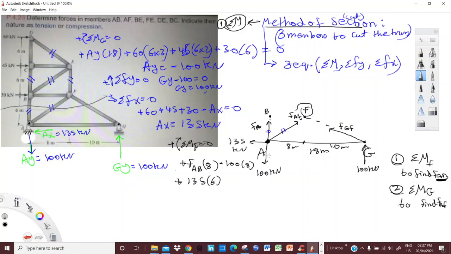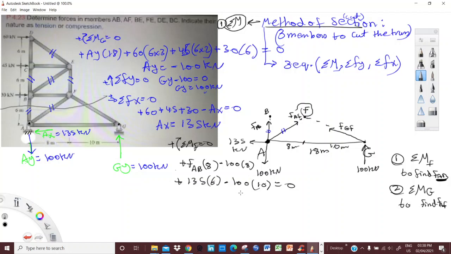We're left with this force: 100 kilonewton counterclockwise, so minus 100 kilonewton times its perpendicular distance, which is 10 meter, equal to 0. So let's do shift solve to find it: 6 minus 100 times 10 minus 100 times 8.